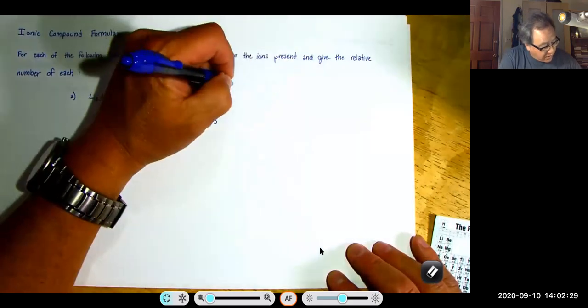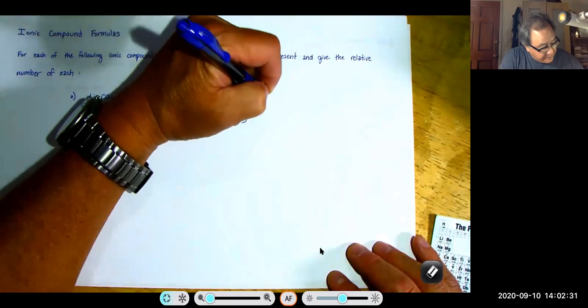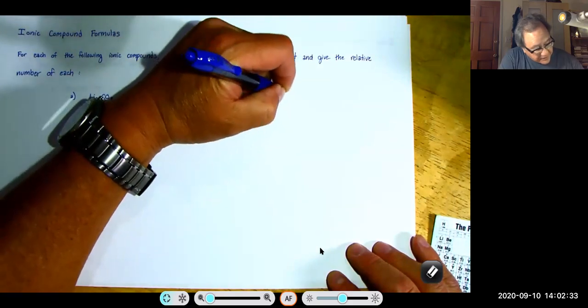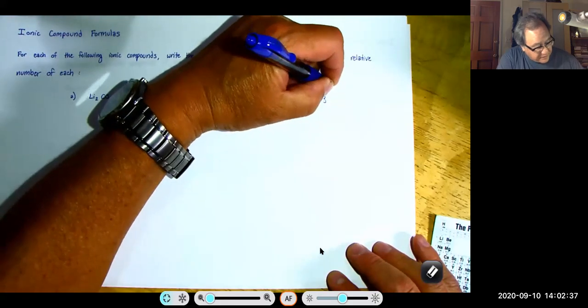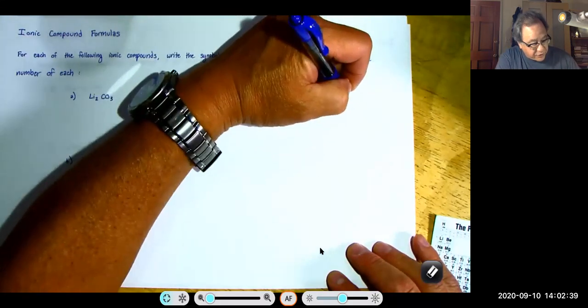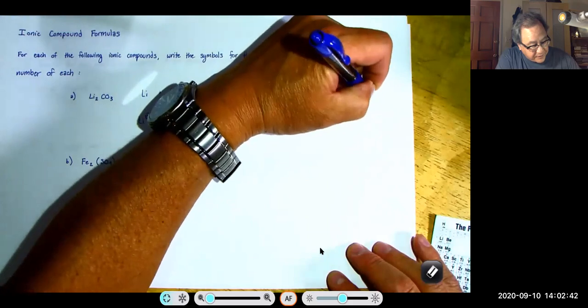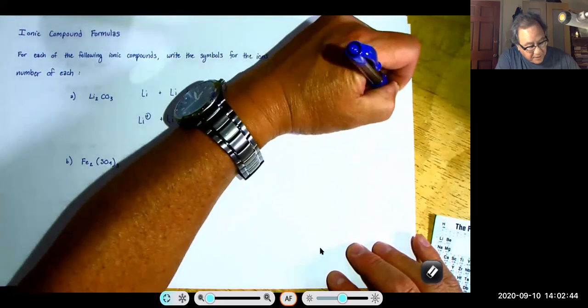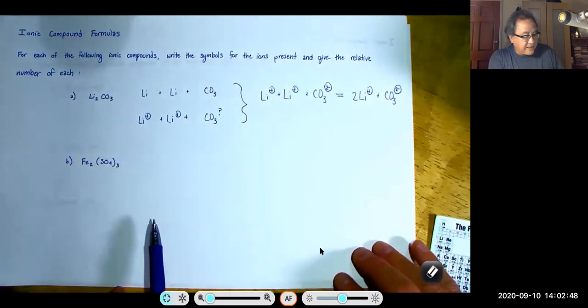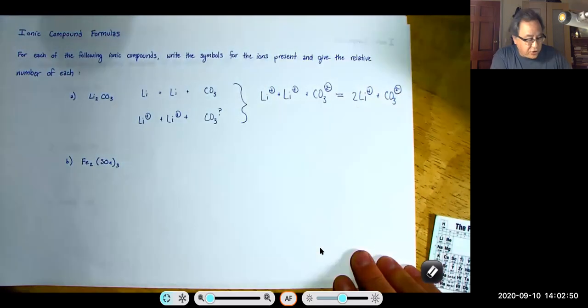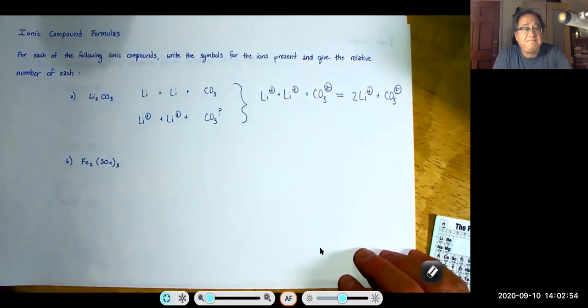So overall, we're going to have a lithium plus a lithium plus a carbonate, which is equal to 2 lithiums plus a carbonate. So these are the relative numbers of each, 2 and 1. If we don't write a number in front of it, it's assumed to be a 1.